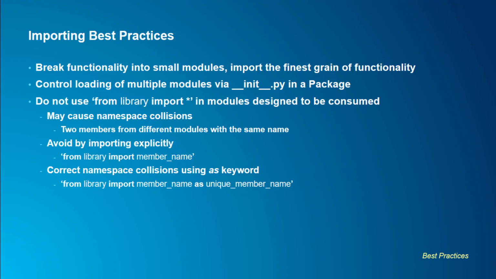Also, you can control the loading of multiple modules in the __init__.py file. You don't necessarily have to expose everything that's in there. You can have that only exposed via the actual module. But if you want an extra level, kind of an interface, so to speak, then you define that in the package.